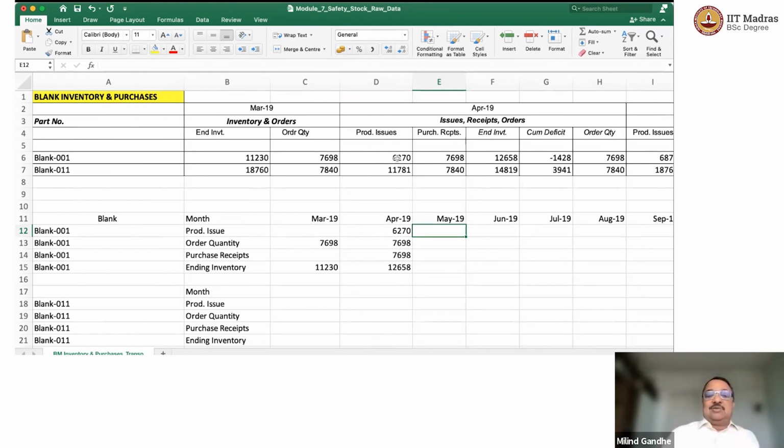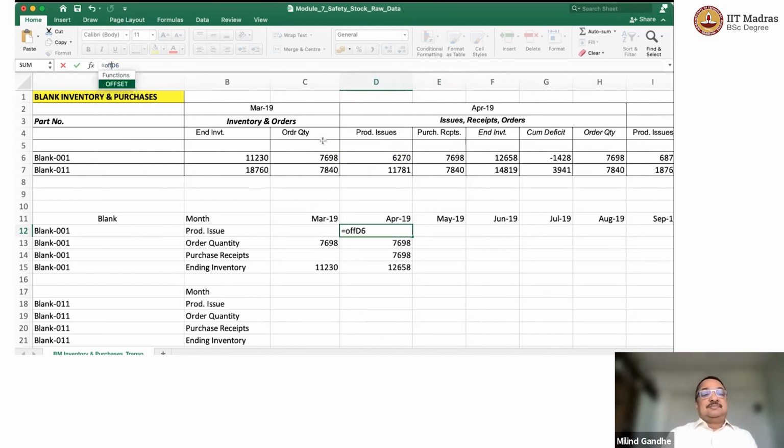But in any case, what is it that we want? Worksheets will typically give us a function called offset. And what does offset do? Offset says that from this cell, and we'll give it a proper name, we want to move X rows and Y columns.